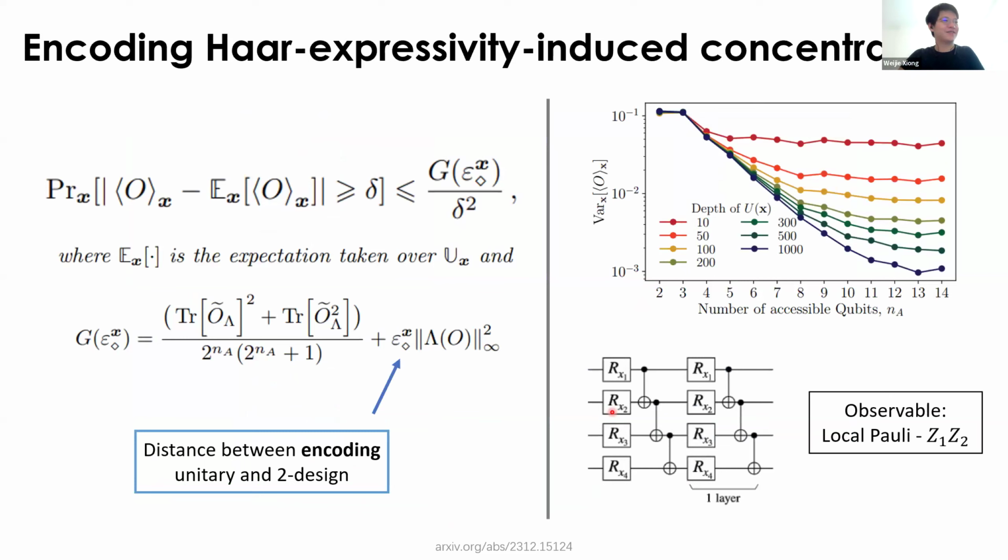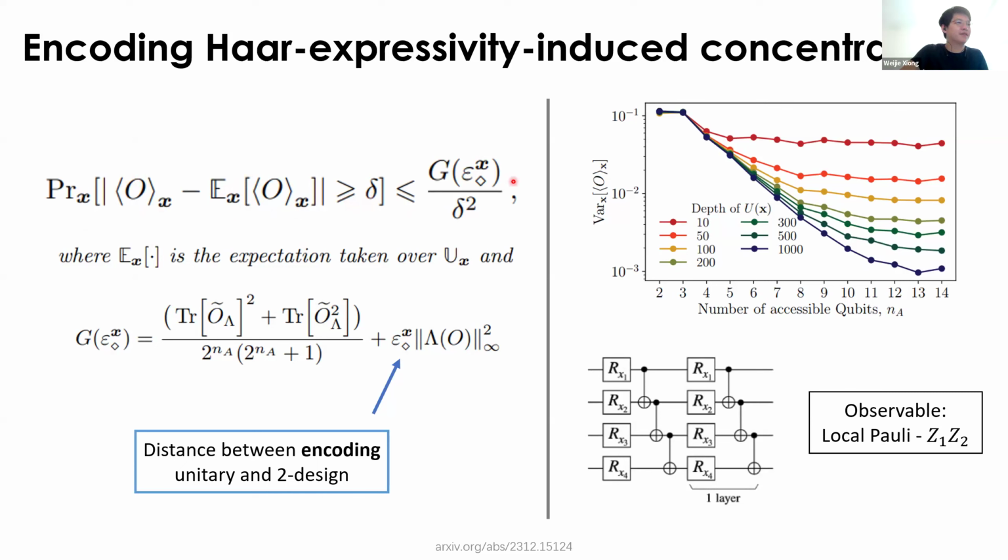So let's look into detail. First, the higher expressivity induced concentration. Here, after we take the expectation value over x, this term becomes an input independent point. And we analytically show that for the distance between the outcome and this point being larger than a constant value, the probability is exponentially small.